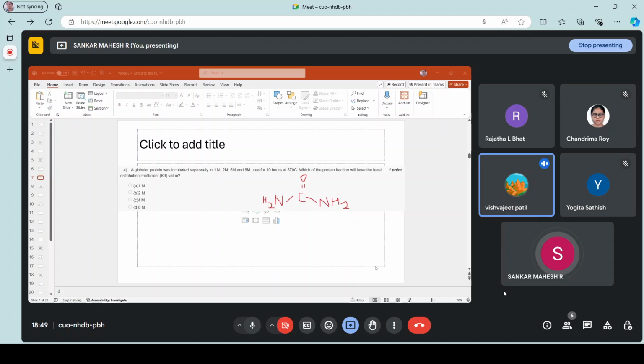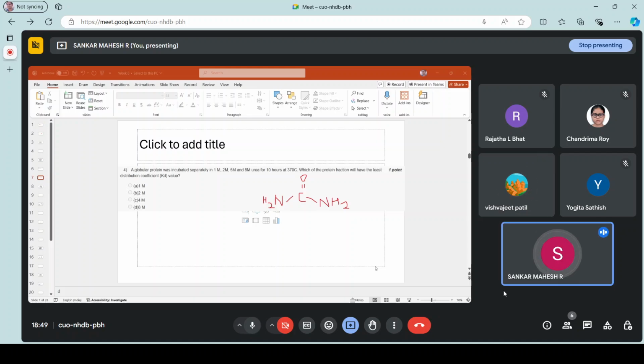Can you repeat again? It would divide into various structures, like secondary, and it would denature the protein. The protein will not have tertiary structure. Yeah, yeah, that is right.